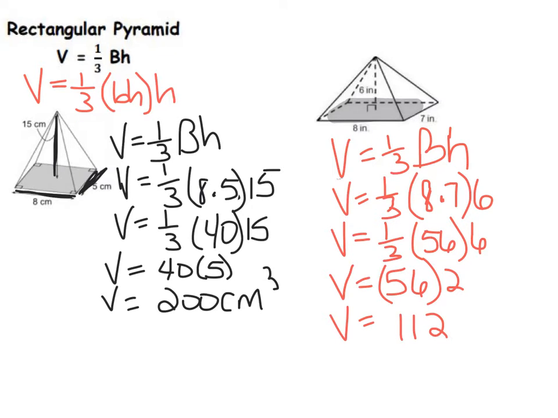So that's 112 cubic inches. Okay, so if you remember, all you have to do is take 1/3 at one point or another. It could be at the beginning, it could be at the end. But as long as you're doing it once, then your answer should be correct at the end. So always look for the ones that are divisible by 3. Remember, divisibility means that it's divided into evenly.